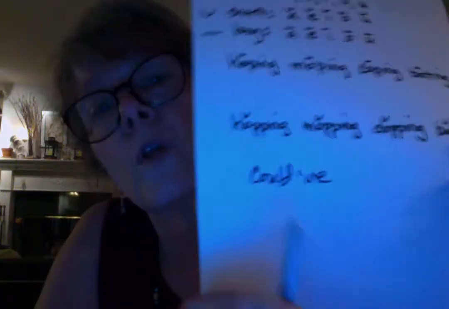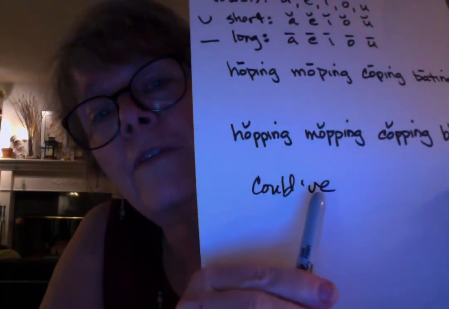In informal writing, we might use a contraction, could've, C-O-U-L-D, apostrophe, V-E. I could've, I should've, I would've. Could've, apostrophe, V-E. I could've gone. I should've gone.